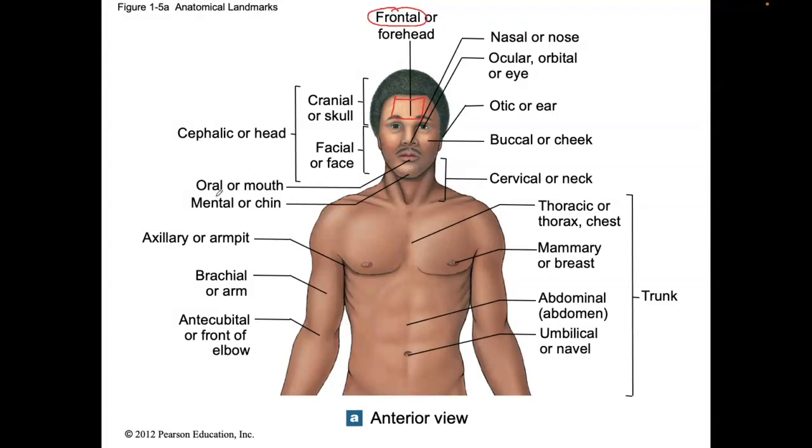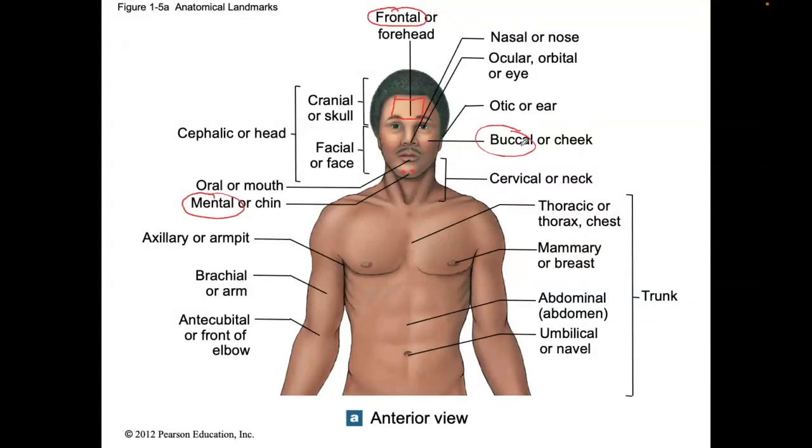The chin is called mental. When we do osteology and learn about these two holes in this bone called the mental foramen, because you know the chin is mental, you have an idea where the holes in the chin are. When we look at the cheek, it's buccal.